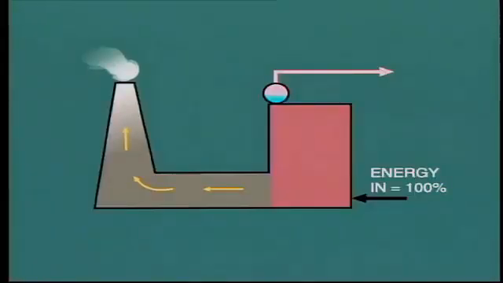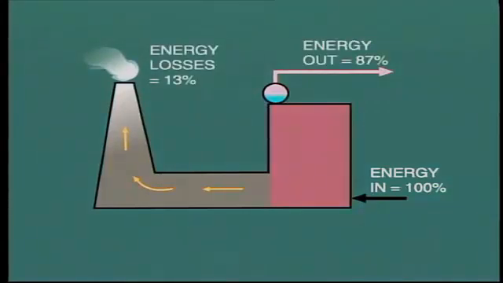Is that correct? Well, actually, this is not correct because we have not allowed for any losses in the boiler. Common sense tells us that the conversion into steam energy of heat released by combustion cannot be performed at 100% efficiency. As we shall see later, there are a number of losses in the boiler, the greatest of which is the loss of heat exhausted up the chimney to atmosphere.